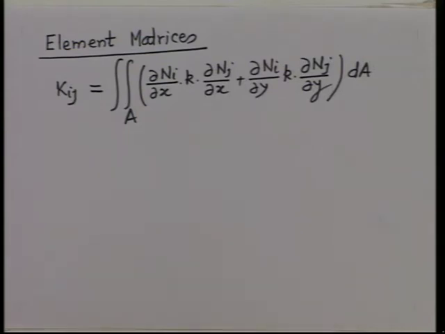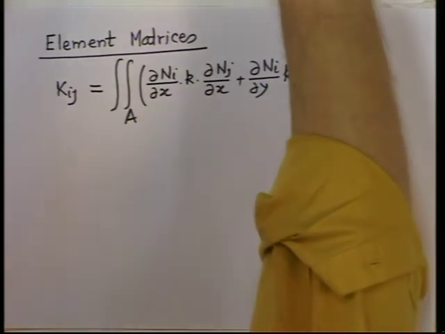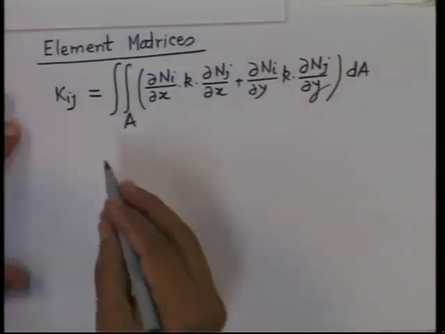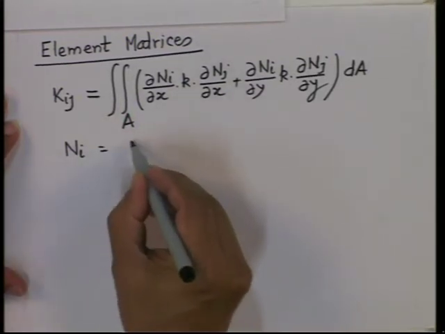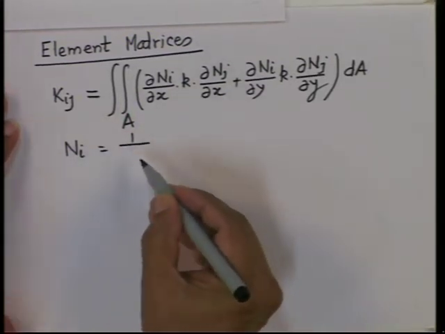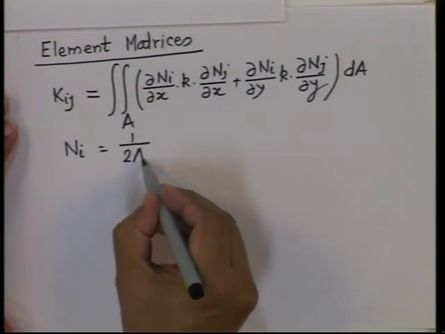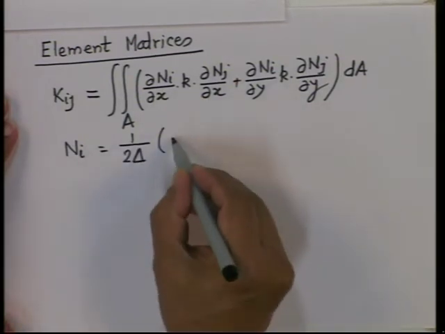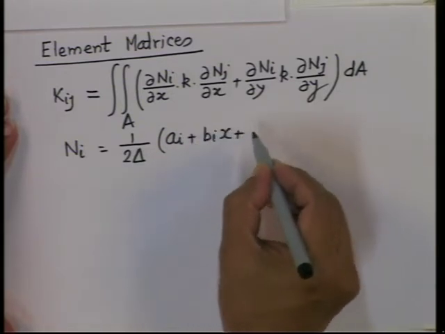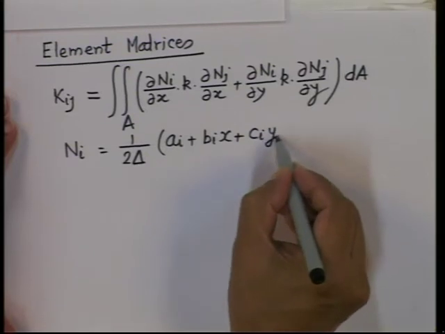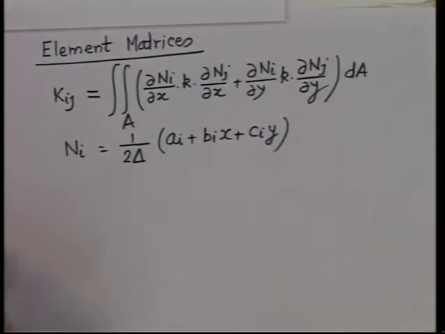Now, since you have the shape functions N_i, I think we just saw, N_i is equal to 1 by 2 delta, times the shape function with coefficients.